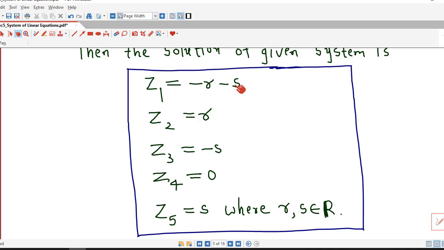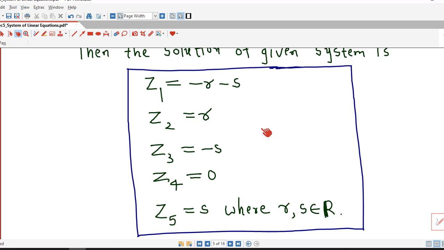For different values of R and S, we will have different values of these variables Z1 to Z5. So in this way we can write infinitely many solutions in the Gauss-Jordan elimination method.